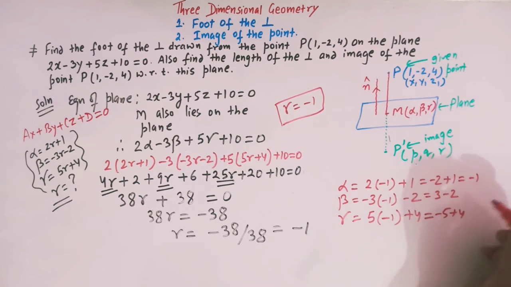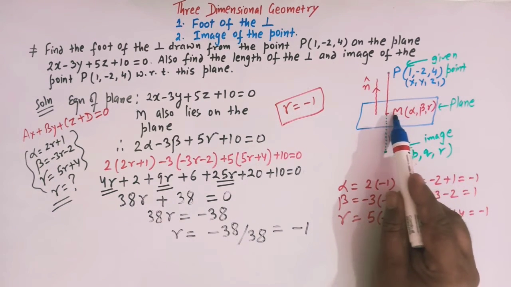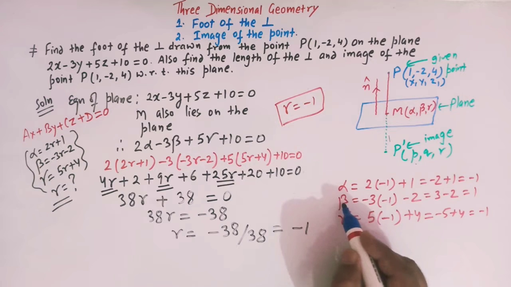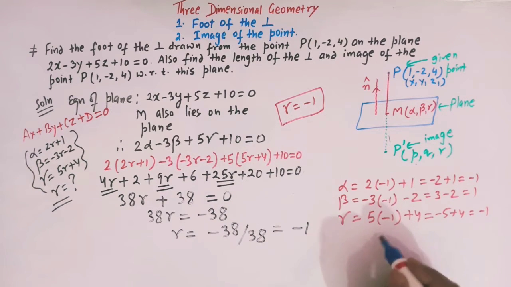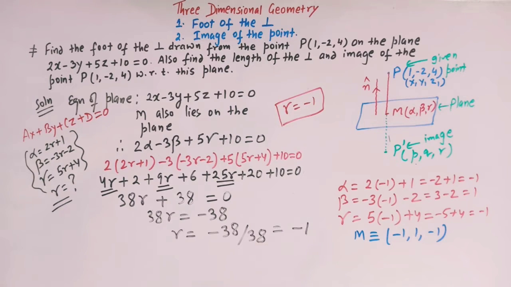So this is minus 1, this is 1, and this is minus 1, right? So viewers, the coordinates of the foot of the perpendicular, which is M, are given by alpha, beta, gamma. So the coordinates of M are given by minus 1, 1 and minus 1, right?